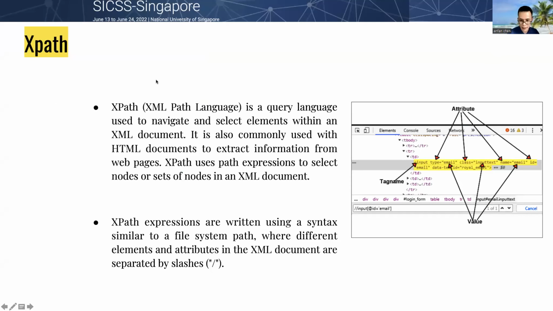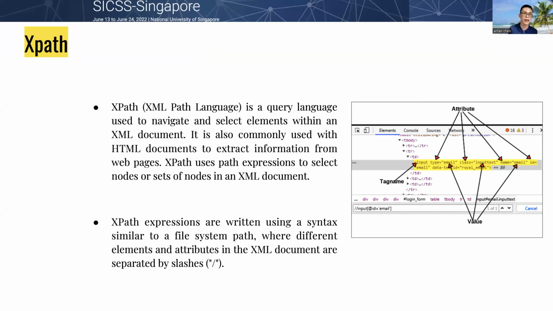Okay, another thing is about XPath. What is XPath? XPath is a query language used to navigate and select elements within an XML document, and it is also commonly used with HTML documents to extract information from web pages.